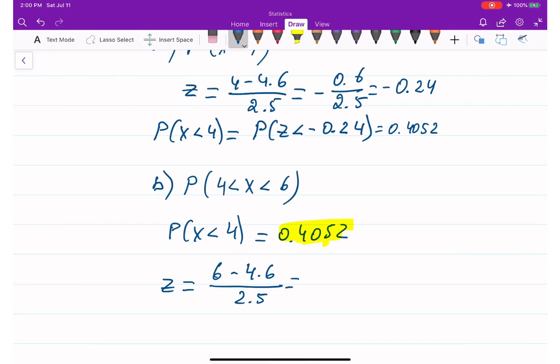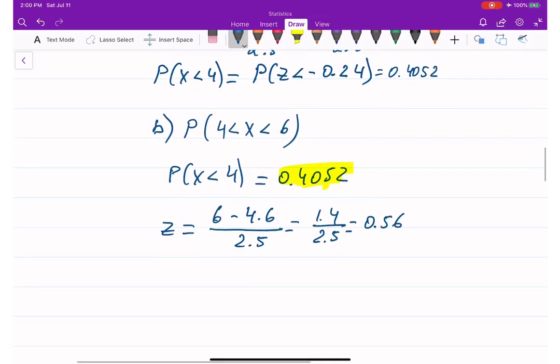So 6 minus 4.6 is 1.4, and we divide by 2.5. It's going to be 0.56.